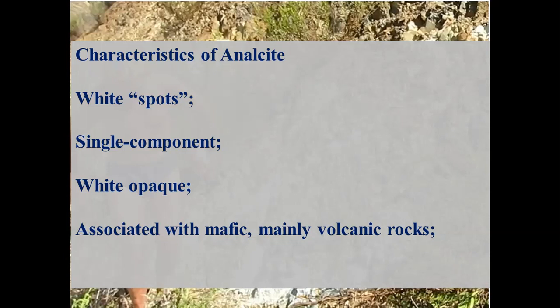One of the giveaways is that it is often associated with mafic igneous rocks, mainly volcanic. So lavas or the shallow intrusive rocks such as dikes and sills can contain analcite.